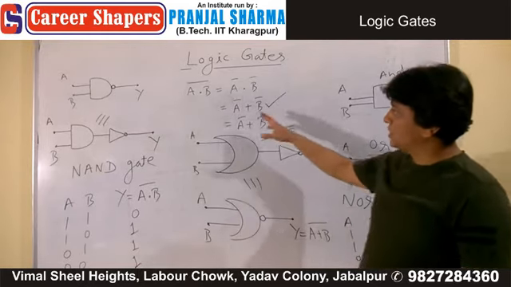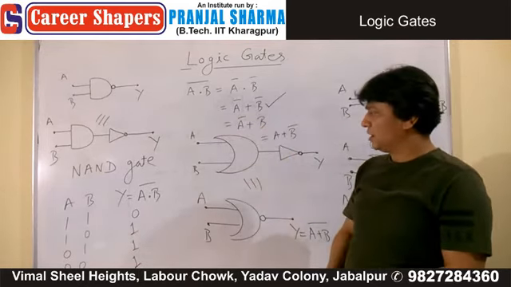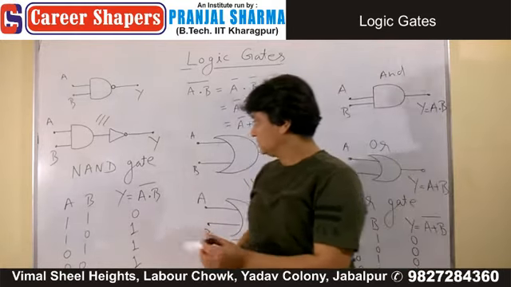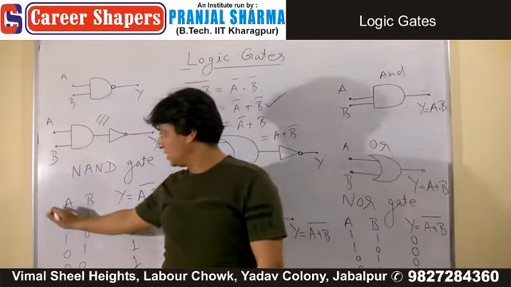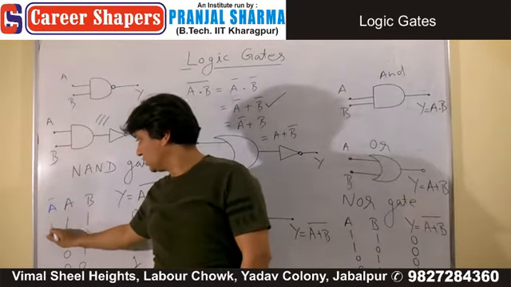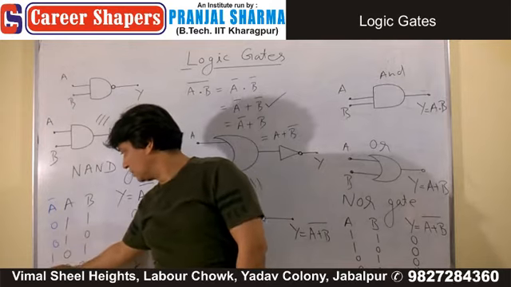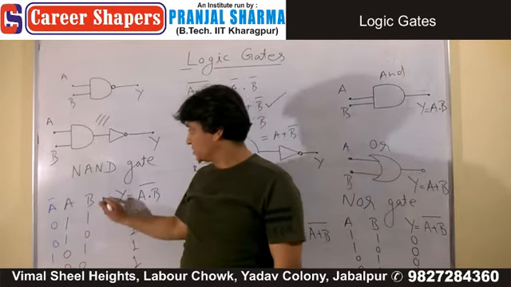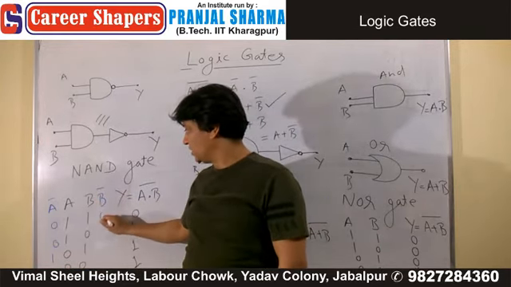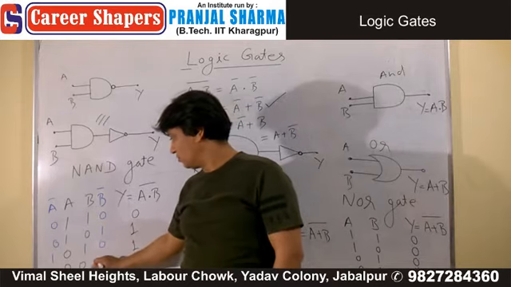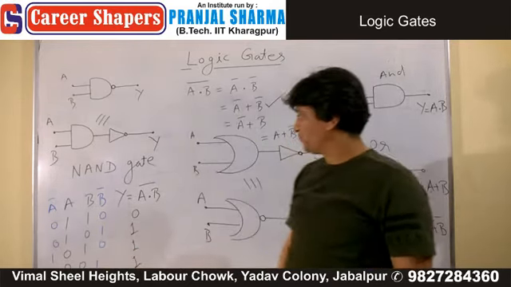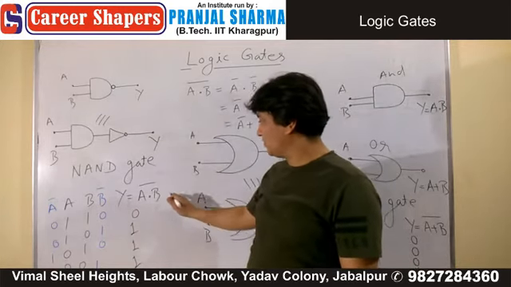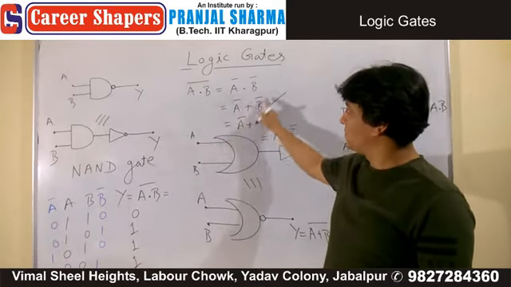And those who want to understand how come this is the same thing, well, you've got A. The moment I give you A, what is A bar? 0, 0, 1, 1. What is B bar? B bar is 0, 1, 0, 1. So NAND gate, but in terms of A bar plus B bar.